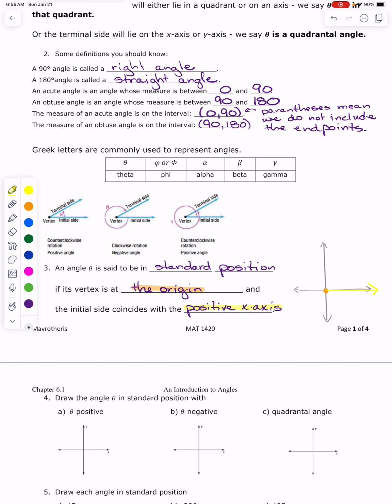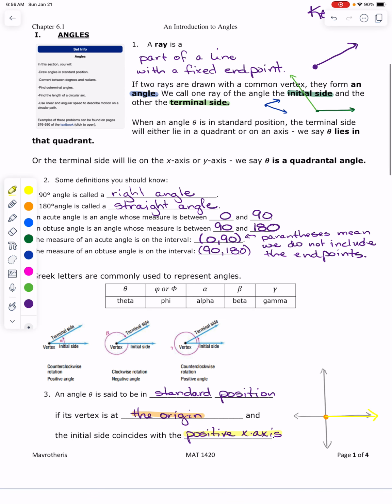Super not easy to see with the yellow. But there you have it, page 1.